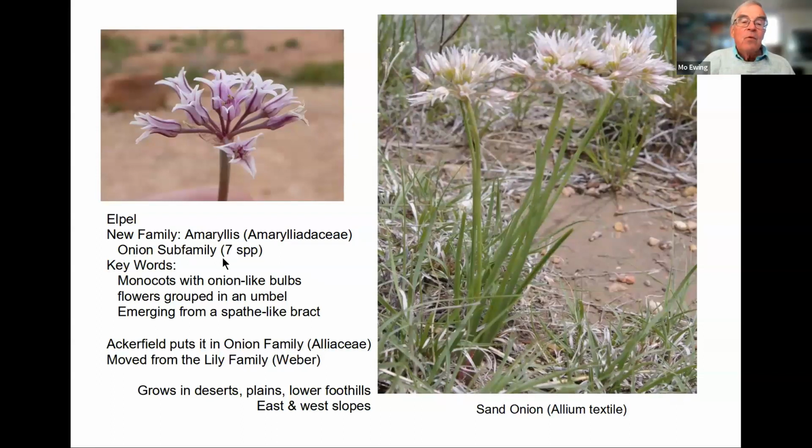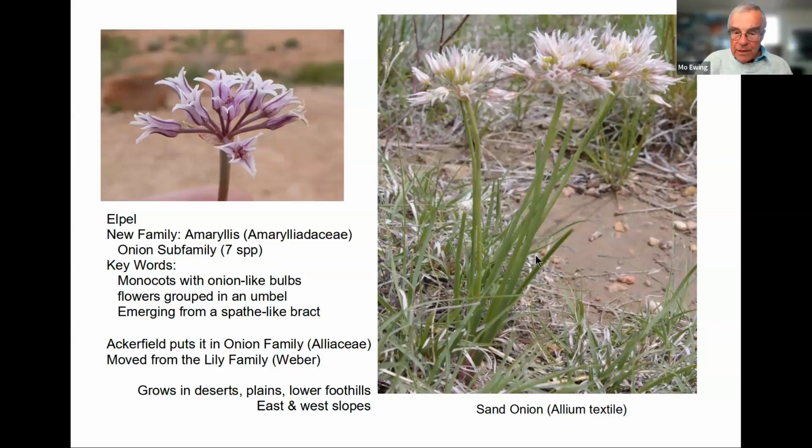Ackerfield doesn't even recognize the Amaryllidaceae family, but she puts it in the onion family. But in any case, the keywords are the same in the onion subfamily or the onion family.